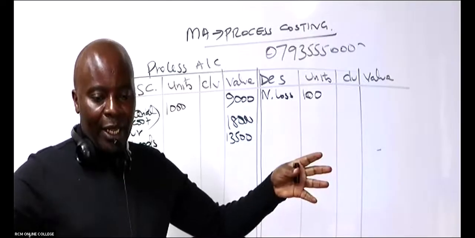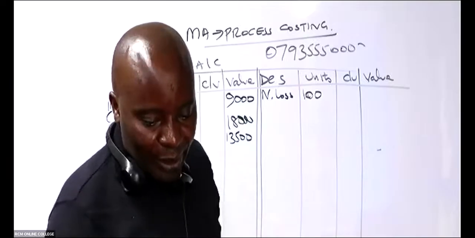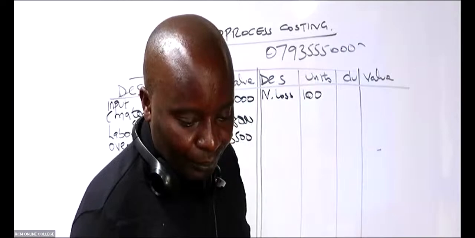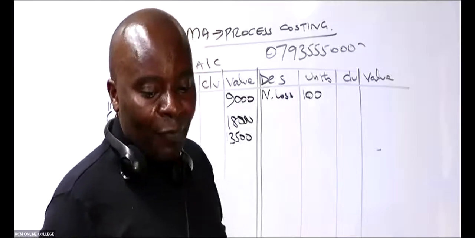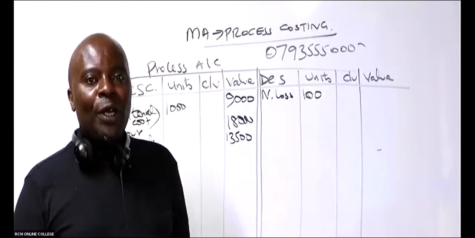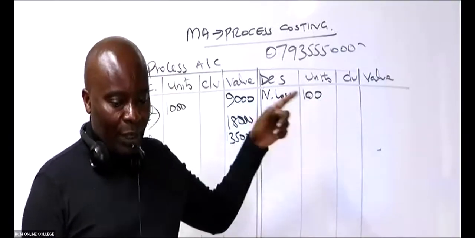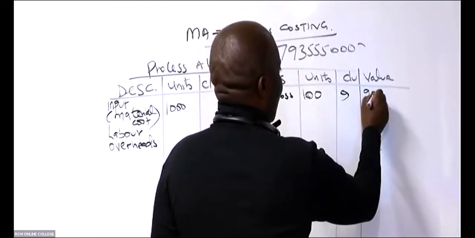If it is given there, we shall always sell them, multiplying by the scrap value. In this case, losses are sold at a scrap value of 9. And remember, at times the scrap value is not given. If scrap value is not given, you should always multiply whatever quantity you have here with 0. But now here we have a scrap value of 9, which gives us 900.